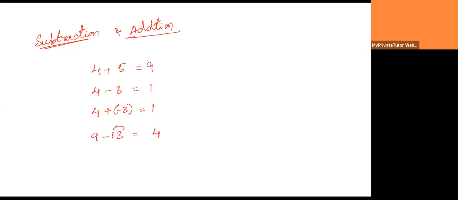Since 13 is a bigger number and 9 is a smaller number than 13, we are just placing a negative sign in front of the number, because this can also be written as 9 plus minus 13, which means the bigger number 13 has a negative sign. So that's why we put a negative sign in front of the answer.